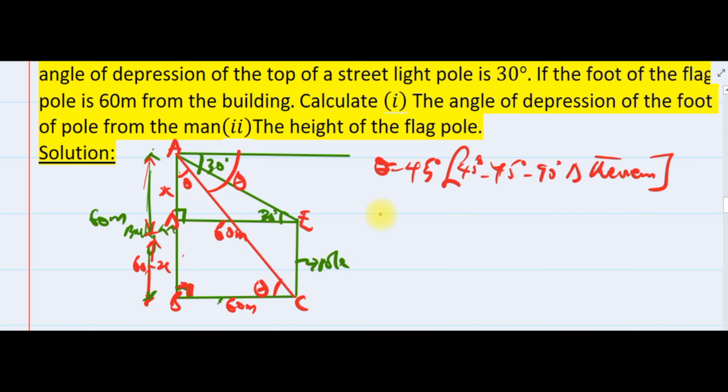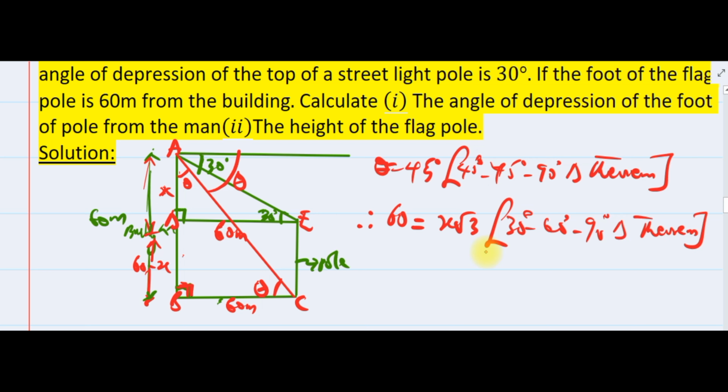By the same theory, whatever is opposite 60 is 60, because here is 30. So whatever is here must be x root 3 by the 30, 60, 90 triangle theorem.